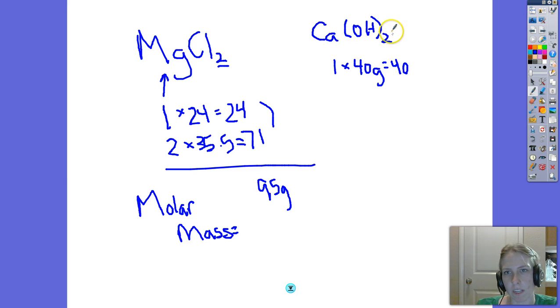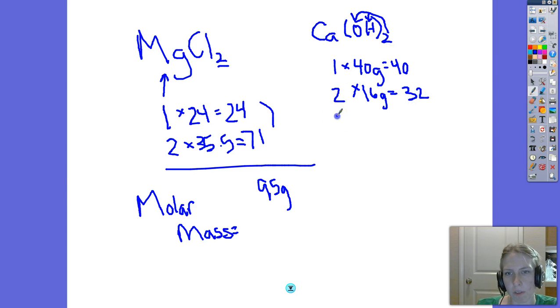We have oxygen. Now this 2 outside the parentheses gets multiplied to both atoms. So we have 2 oxygen, and 16 is the atomic mass, and that multiplies to 32.